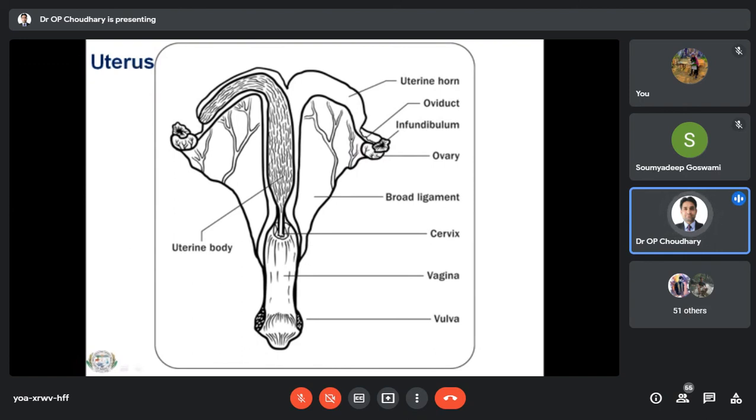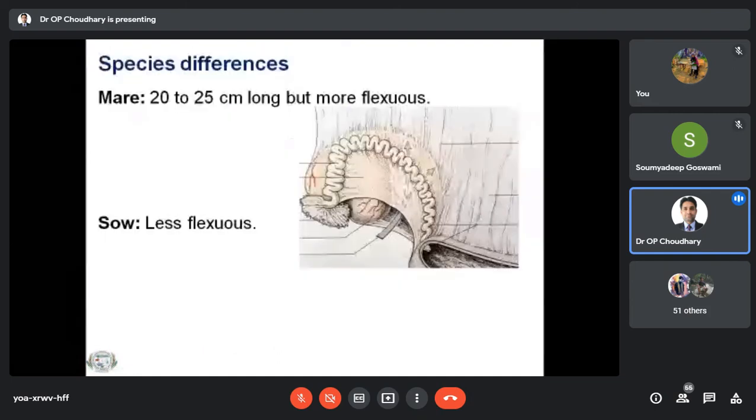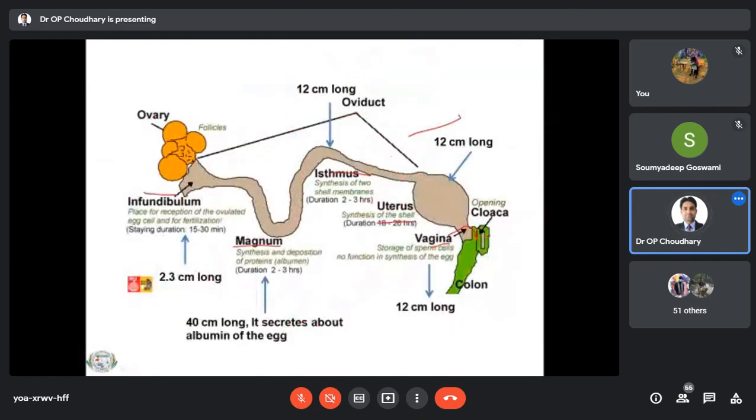Yes, please. Anything you want to ask? Sir, can you please repeat the parts of the oviduct of a bird? Yes, I will. You can see here, the bird female genital tract consists of only two major parts, that is the ovary and the oviduct.